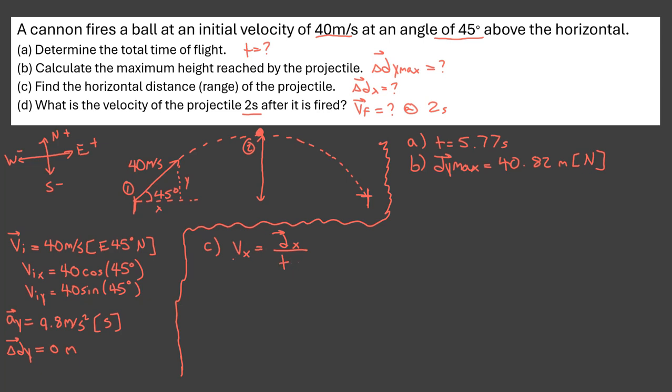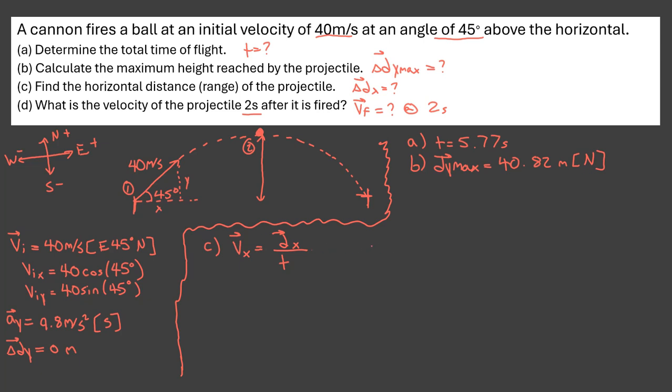Because I know that my velocity in the x component is consistent, right? It's not changing because I'm not experiencing any acceleration in the x dimension. We can assume that the velocity in the x dimension remains the same. And we can also derive this using one of our big 5 equations as well, right? Because of that acceleration being 0.